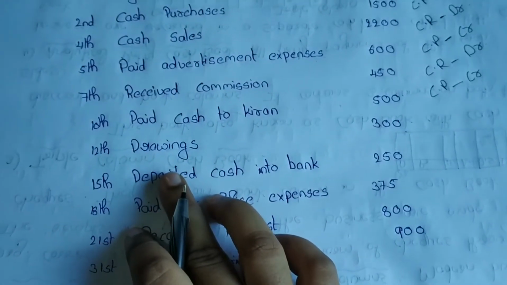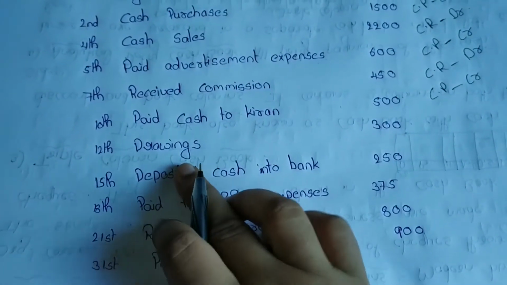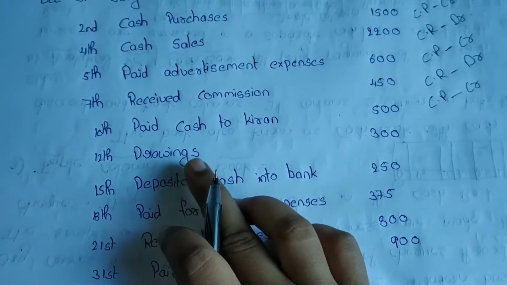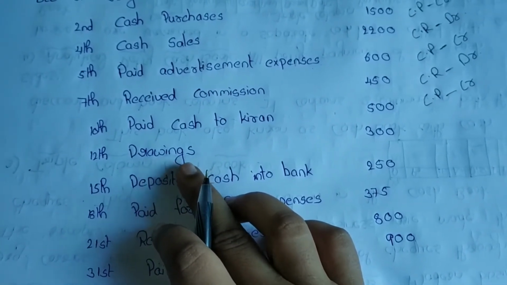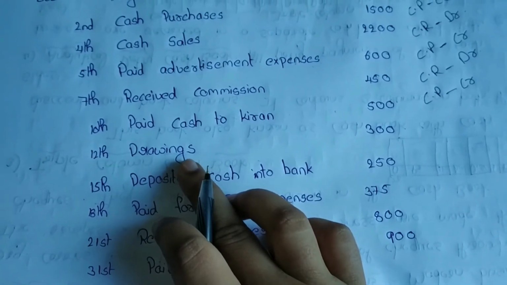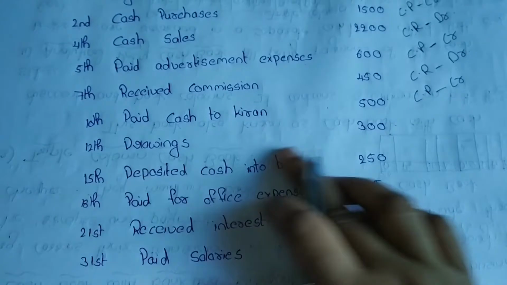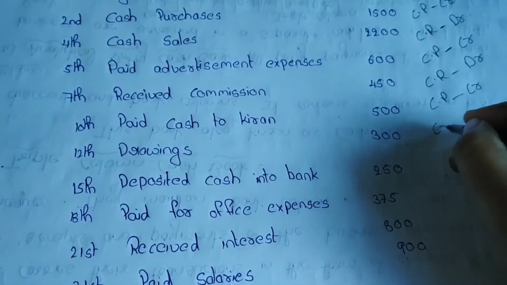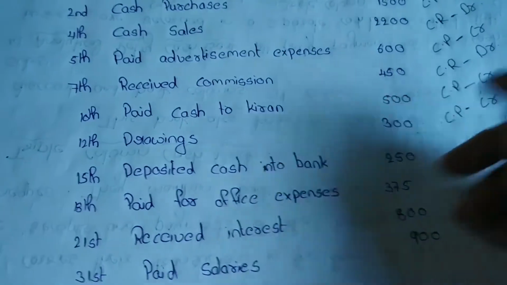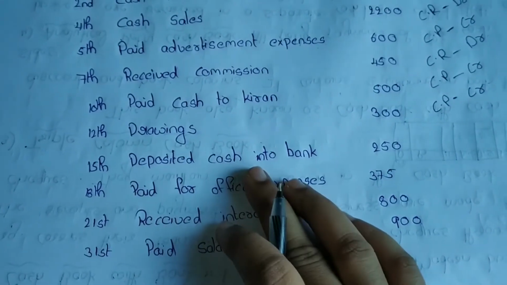Next one, 12th, drawings. It was also a payment. The owner took cash from our business as drawings, so it was a payment from our business side. It was a cash payment, so it should be recorded on the credit side. Next one, deposited cash into bank.